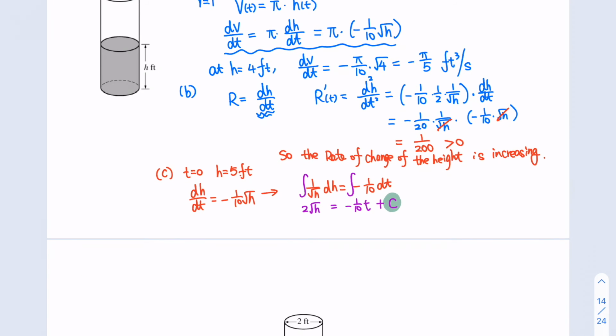Now we plug in the initial conditions: when t equals 0, h equals 5. So 2 radical 5 equals 0 plus c, so c equals 2 radical 5.